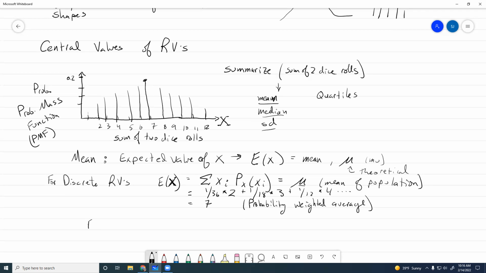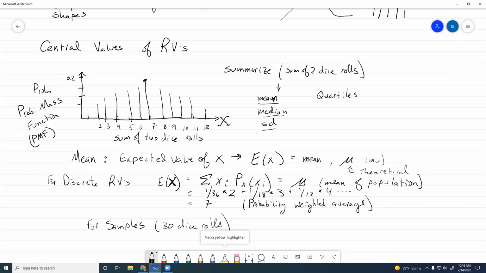If we had samples, so if we did 30 rolls, we could calculate the mean just by summing the values we get for each roll and dividing by 30. But you would get the same answer if you made a distribution like this and used the relative frequency times the observation.